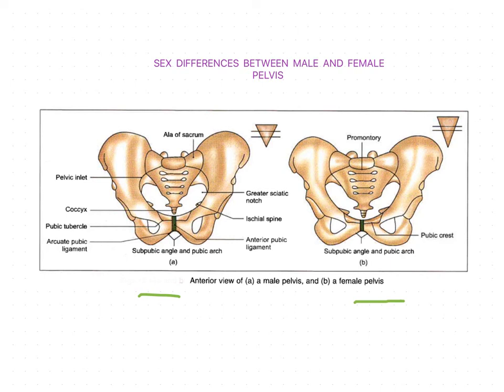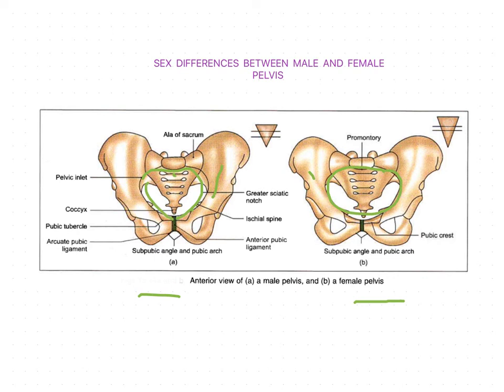The false pelvis, that is the upper part, the greater pelvis, is deep in males and shallow in females. The pelvic inlet is heart-shaped in male due to the jutting forwards of the sacral promontory. In female, it is transversely oval.